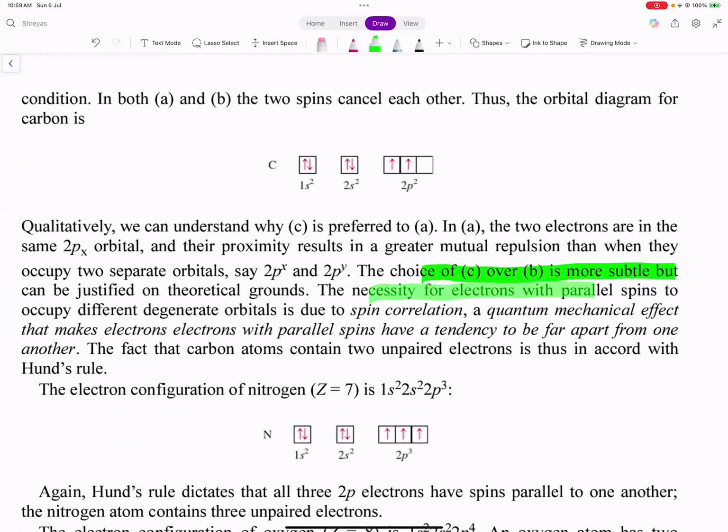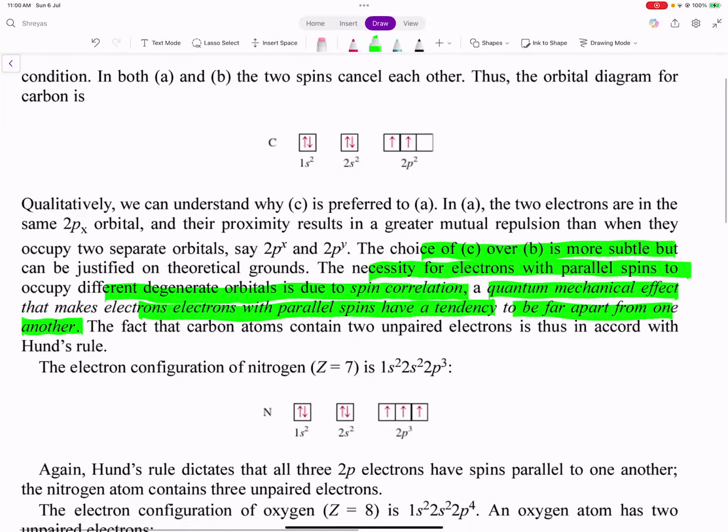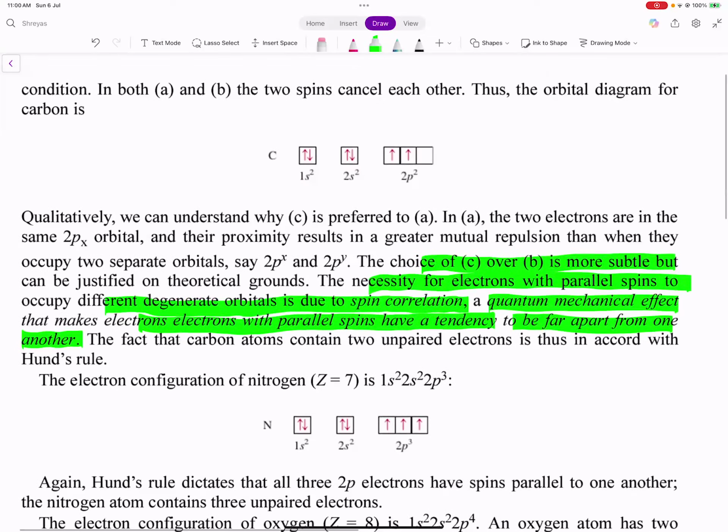The necessity for electrons with parallel spin to occupy different degenerate orbitals is due to spin correlation, a quantum mechanical effect that makes electrons with parallel spins have a tendency to be far apart from one another. So they want to be far apart. This is how carbon has two unpaired electrons.